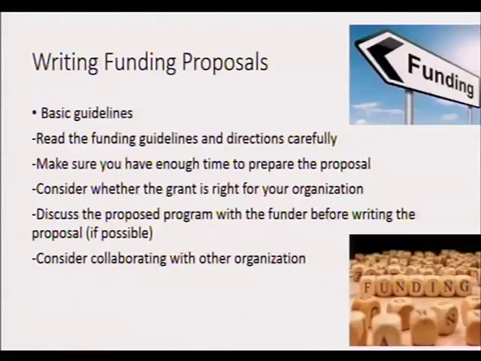The third guideline area which you have to look at is you need to consider whether the grant is right for your organization, because there are some funding which are not appropriate for HIV. If you are in the field of HIV, for example, you cannot go to a funder that only gives money to agriculture.